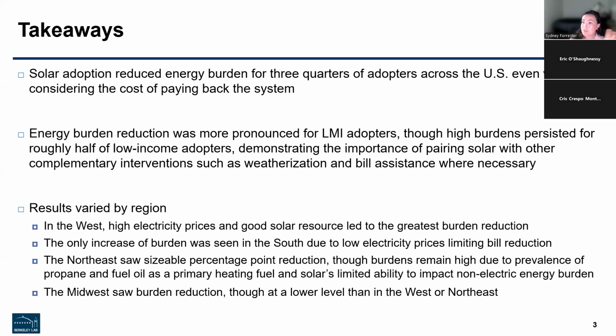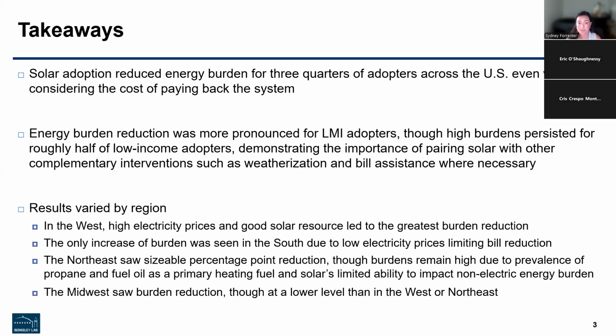And these were also adopters over the past 10 years. So when we look at the results, we slice and dice them a few different ways through a few different groups that we'll talk about in the results section. But we did this by year of adoption, by income level, by ownership type, primary heating fuel, and region in the US.